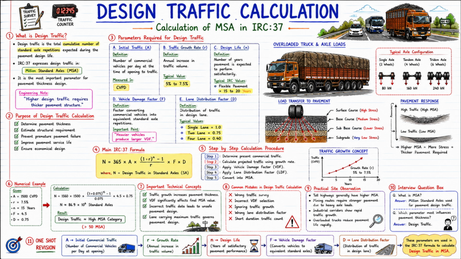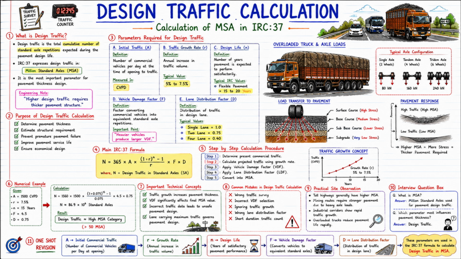C. Design life, N. Now for how many years will this pavement perform satisfactorily? Typical IRC values: flexible pavement 15 to 20 years. Now understand the practical field reality. If the design life is taken as 20 years, the pavement will have to carry traffic safely for the entire 20 years.